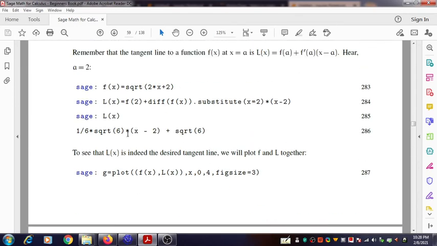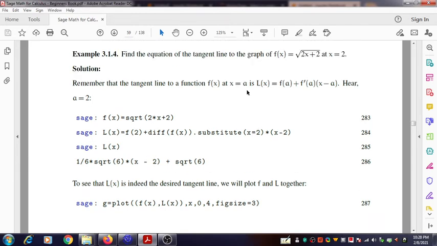You can find the equation of the tangent line using the formula that was mentioned in our previous discussion. You can see that formula here: y equal to f(a) plus f dash(a) into (x minus a).